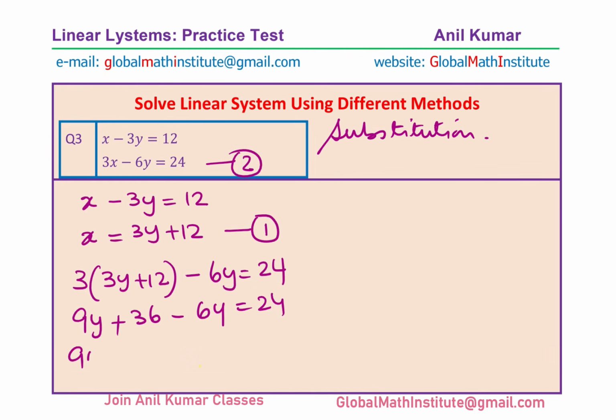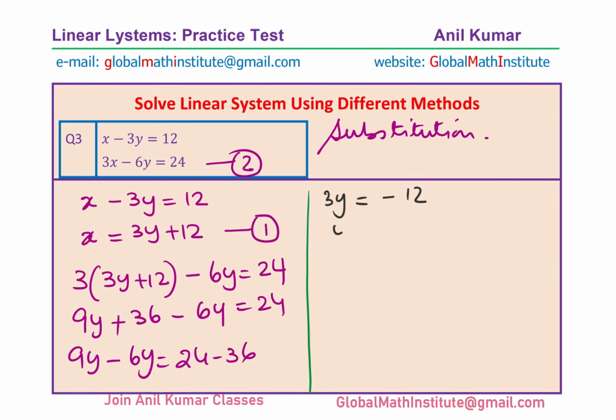Now 9y minus 6y, we'll take 36 to the other side, 24 minus 36, correct? 9y minus 6y is 3y equals 24 minus 36, which is minus 12. So y is equal to minus 12 by 3.